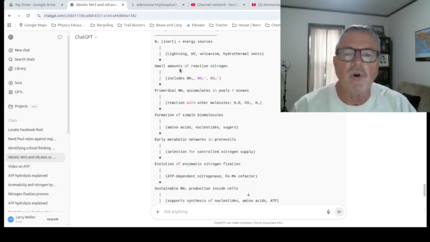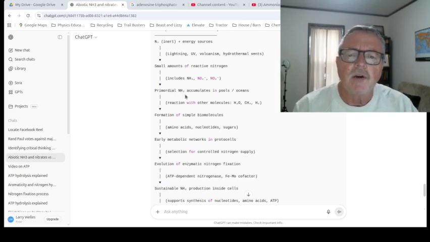So we got small amounts of reactive nitrogen, meaning it's in this form: ammonia and a couple different nitrate ions. And those nitrate ions can combine with other atoms and form compounds. Primordial ammonia accumulates in pools and oceans. This primordial stuff was created by these things up here.